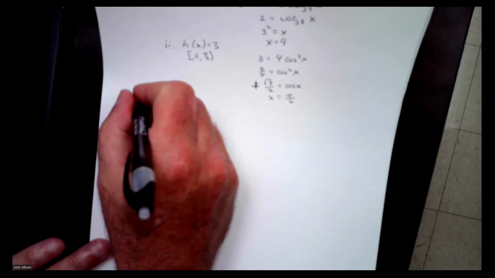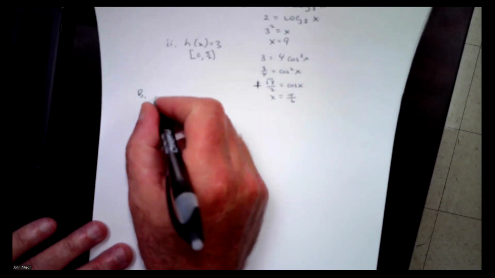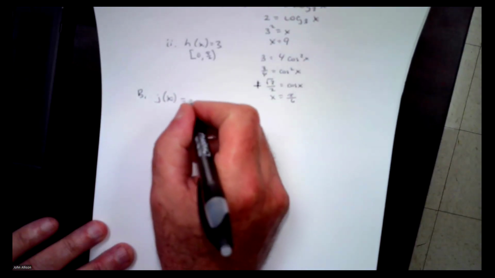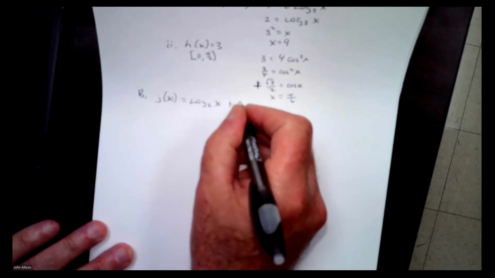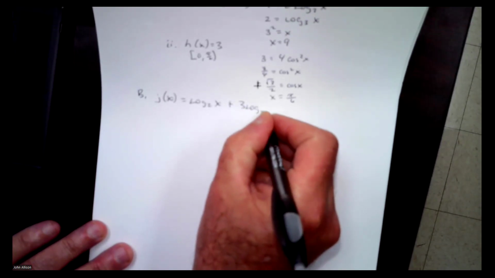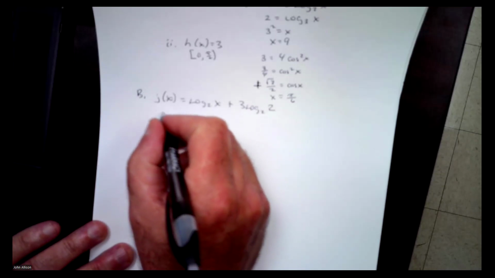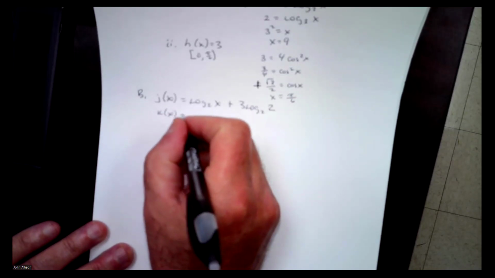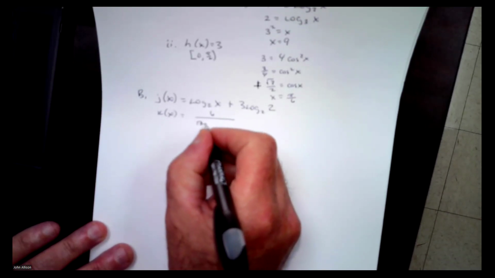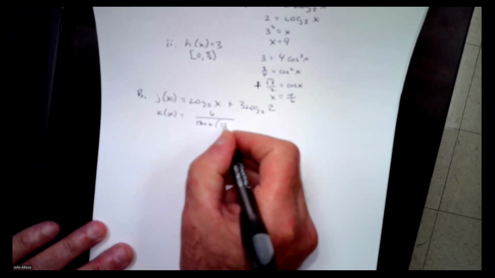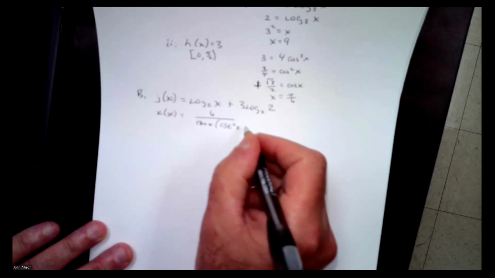Part B says two functions, j of x equals log base 2 of x plus 3 log base 2 of 2, and k of x equals 6 over tangent x times cosecant squared x minus 1.